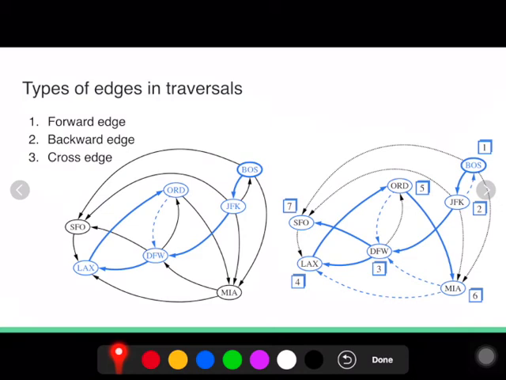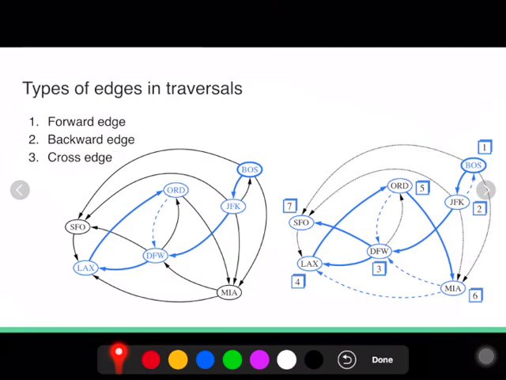The path that is taken to reach a vertex is treated as a forward edge, and a back edge represents an edge that is connecting to a vertex which has already been visited. For example, in this case the edge from ORD to DFW, this dotted blue line, is considered a back edge because it is connecting to a city which is already visited, which is DFW.